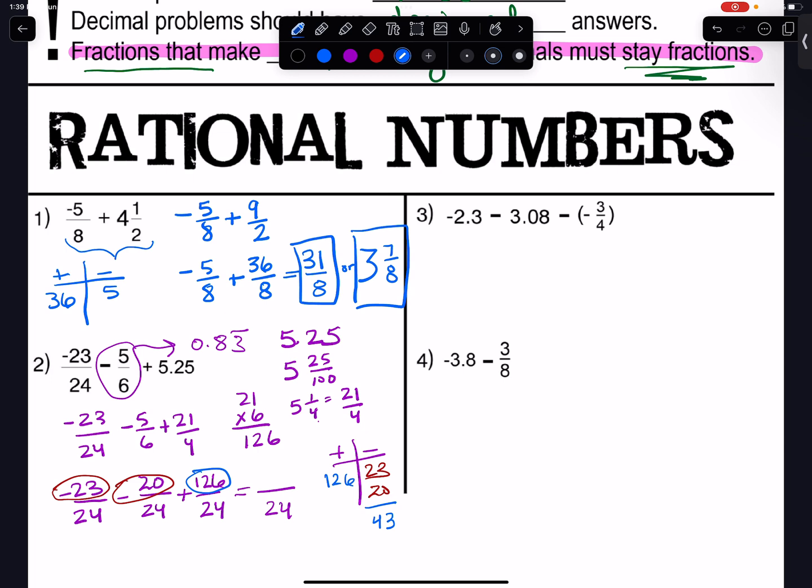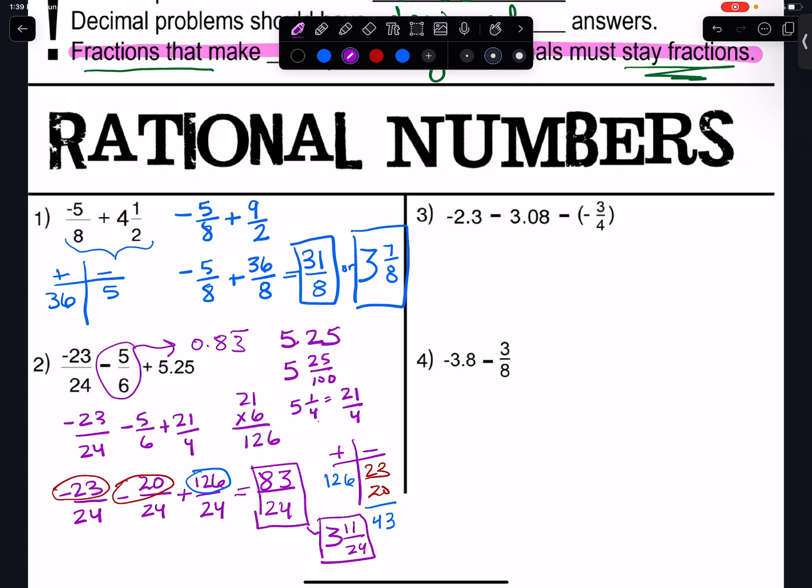That means the positive team will win by 83 points. So this is going to be the answer. Or you can change it to a mixed number if you want to. So this could be, goes in 3 times with, I think, 11 left over. So either answer is acceptable.